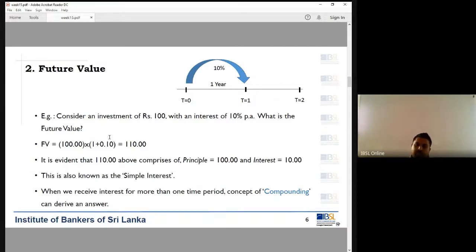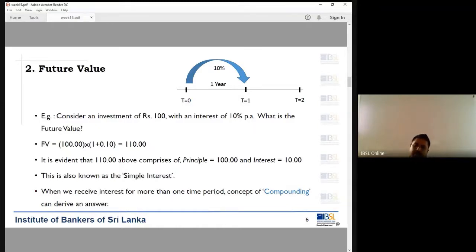So eventually we can see the future value of this 100 rupees after 1 year is going to be 110. The 110 comprises the principal value of 100 and the interest of 10. So these are the two components, the 100 and the 10, inside the 110.